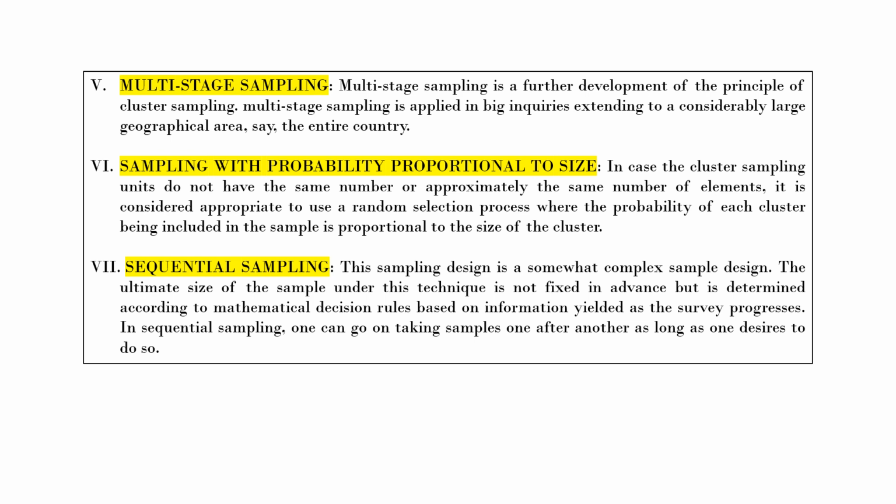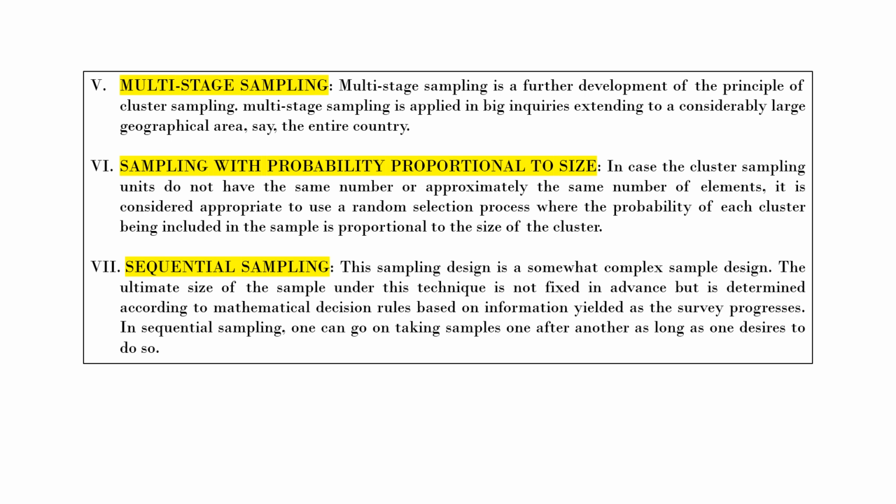In case we take a sample, study it, then reject or accept it on the basis of studying a single sample, it is called single sampling. When we study the same sample again, it will be called double sampling. If we study the same sample more than two times, then it will be called multiple sampling.